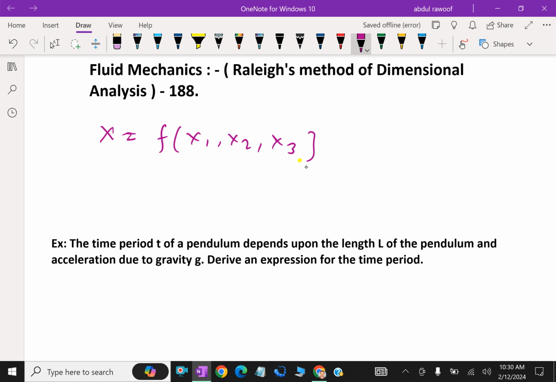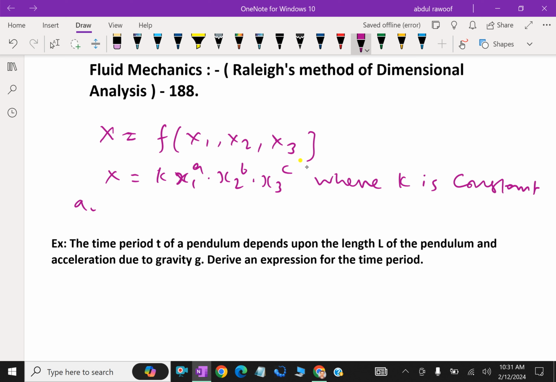This can also be written as k times x1 power a, x2 power b, and x3 power c, where k is a constant, and a, b, c are arbitrary powers.